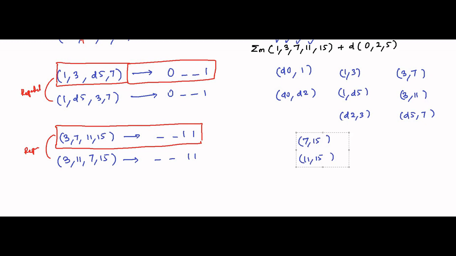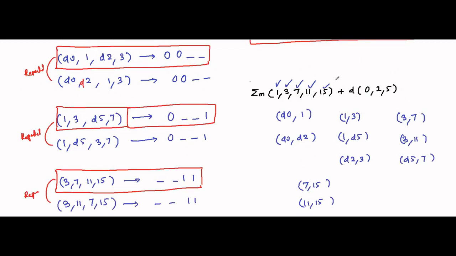So 15 is also present, so that is also check marked. And the don't care terms are not necessary, but still, as D0 is present, put a check mark, D2 present, D5 present. So all the minterms and the don't care terms are covered and involved in minterm pair formation.